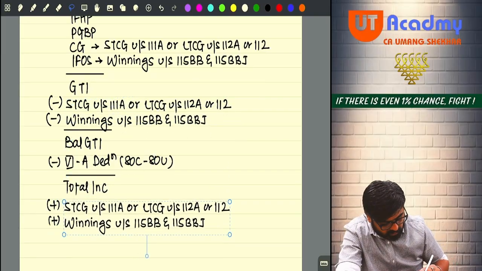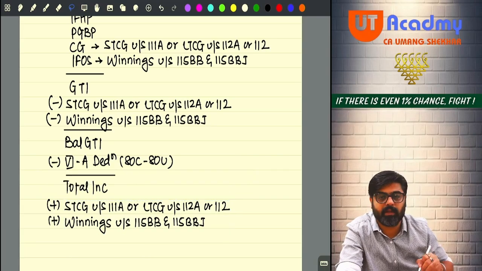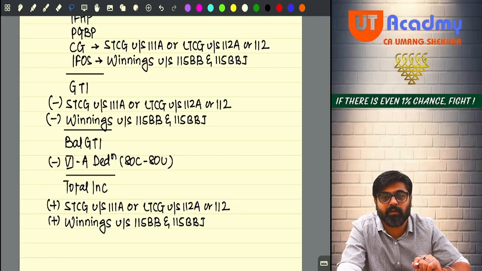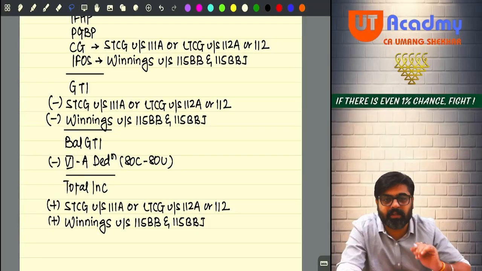Sir, if you want to add them back, then why are you reducing? The reason being, I cannot take Chapter 6A deductions out of these incomes. If I claim Chapter 6A deduction from these incomes, my answer will be wrong.